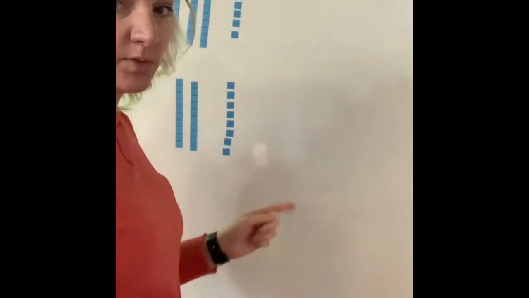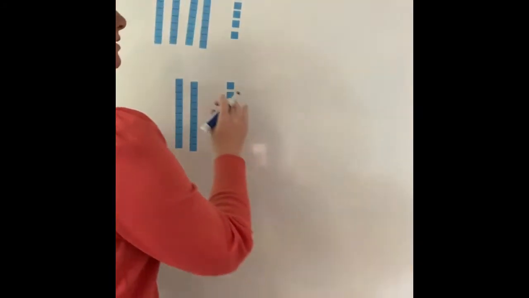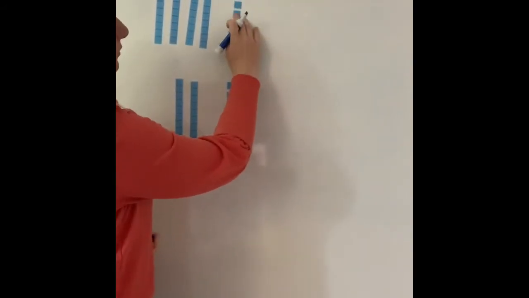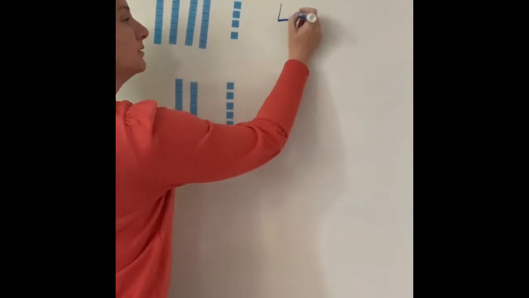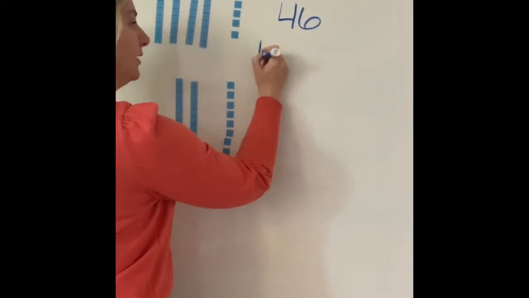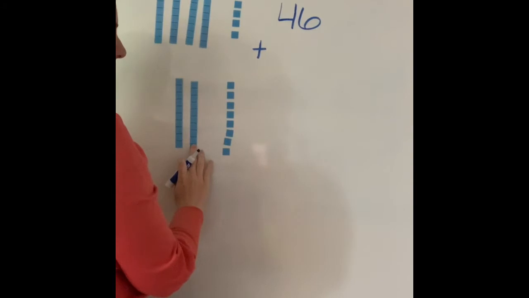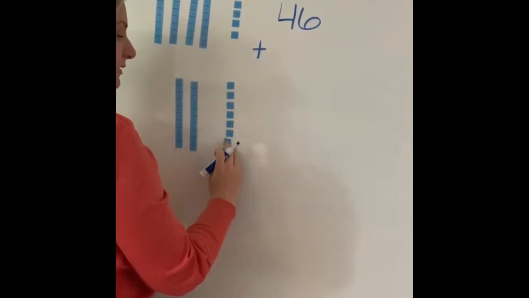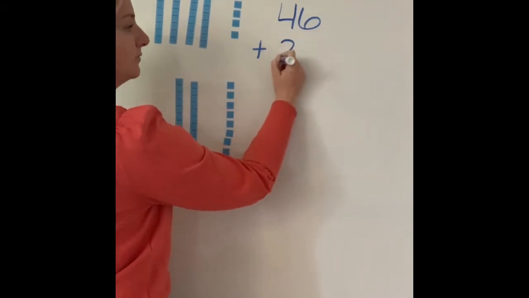So now we're going to be adding just your 1s place and then just your 10s place. So this is what that would look like. So here we have 10, 20, 30, 40, 41, 42, 43, 44, 45, 46, plus 10, 20, 21, 22, 23, 24, 25, 26, 27, 28.